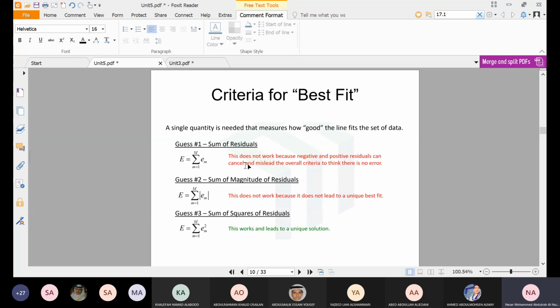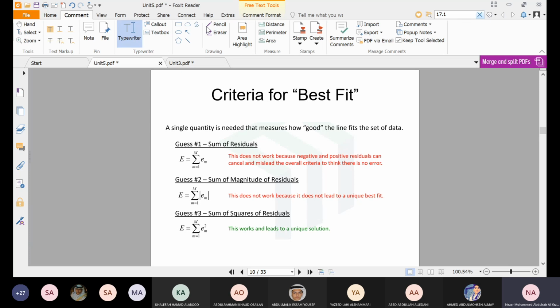If you look at this, this is the classification that we talk about here. For example, when we talk about the sum of the errors, we take only the sum of the errors between them. So this does not work because the negative value and the positive value can cancel each other and mislead the overall criteria, and we cannot recognize this error.